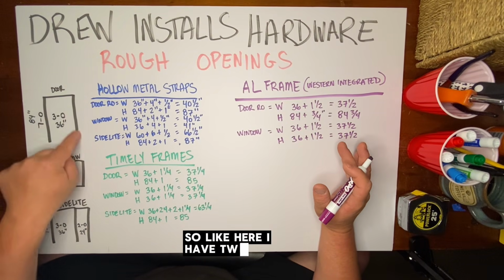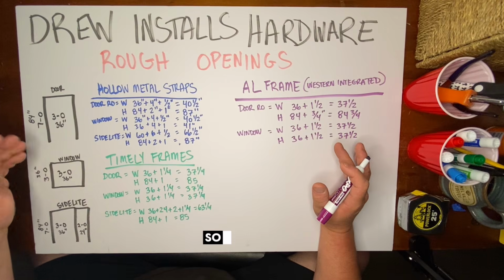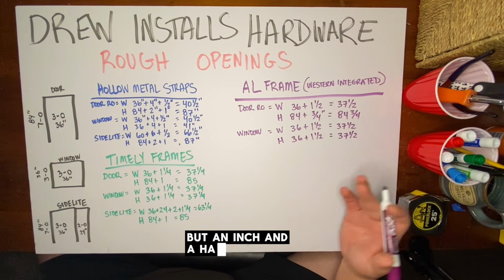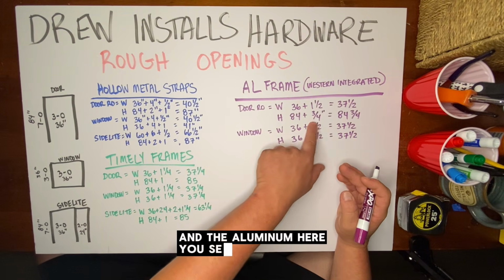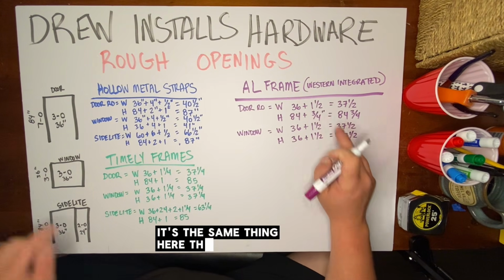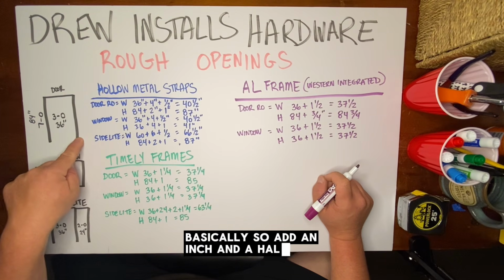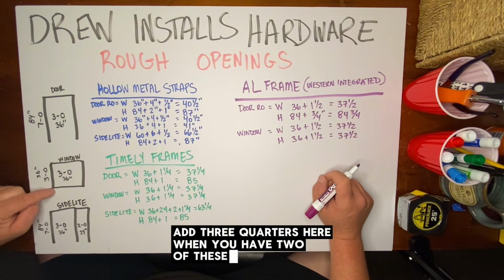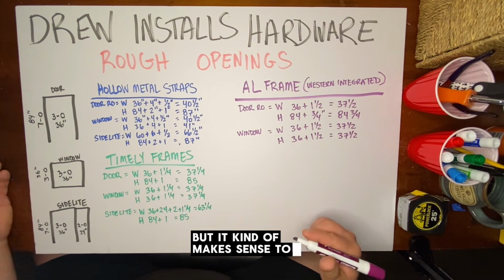So here I have 2 legs, so I want 3/4 and 3/4. So it's an inch and a half. Now, Timely says an inch and a quarter, but an inch and a half works great. And the aluminum here is the same thing. They have 3/4 and 3/4 basically. So add an inch and a half here, add 3/4 here. When you have 2 of these, you add 3/4, 3/4. I don't know if that makes sense to you, but it kind of makes sense to me.